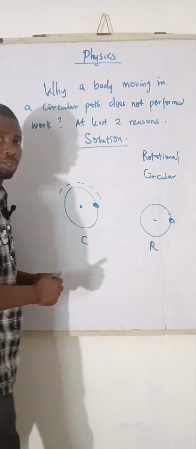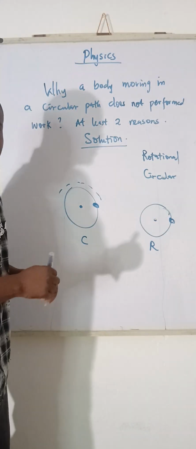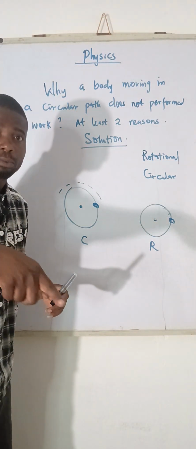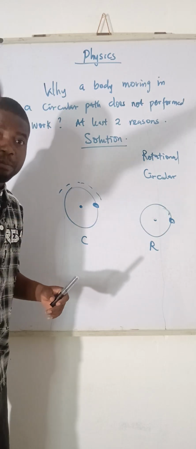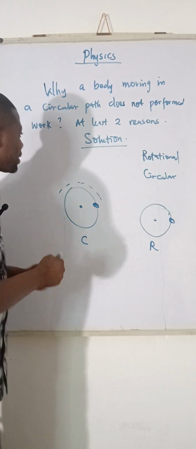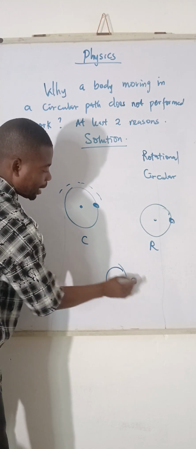Okay, let's see an example of rotation and an example of circular motion. If you talk about the Earth revolving around the sun, here is the sun, here is the Earth.